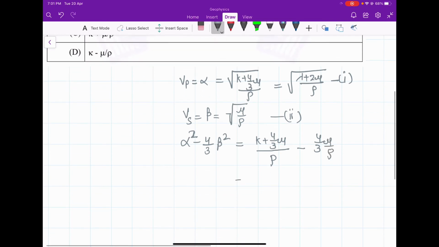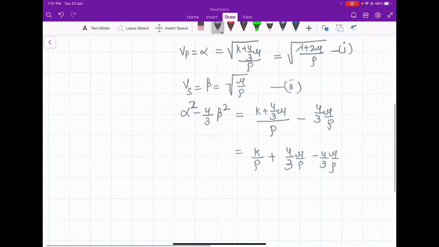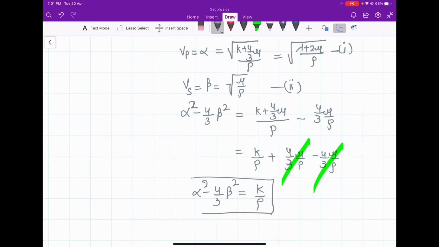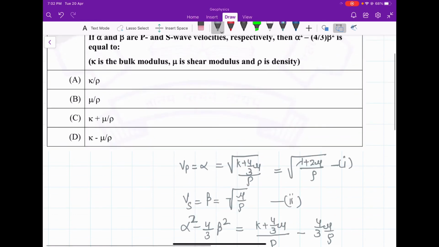So that will be k by rho plus 4 by 3 mu by rho minus 4 by 3 mu by rho. Second and third term will cancel out. So alpha square minus 4 by 3 beta square is equal to k by rho. So our answer will be k by rho. That is option A will be correct.